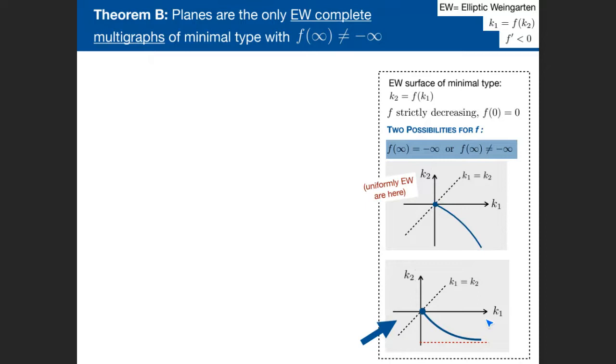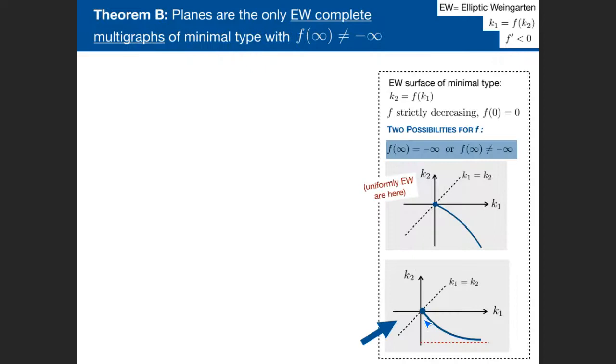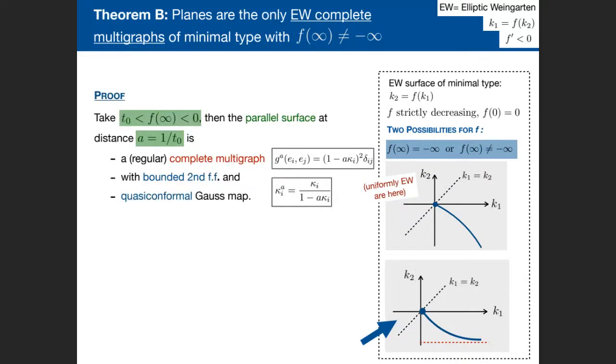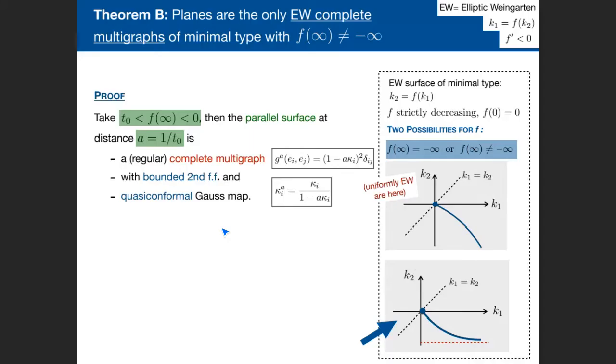We are working in this second case, and our surface is of minimal type, so the curvature diagram starts here at the origin. To prove theorem B, the idea is that, thanks to the condition that f is bounded at infinity, you can find a suitable T0 for which the parallel surface satisfies these three conditions here.